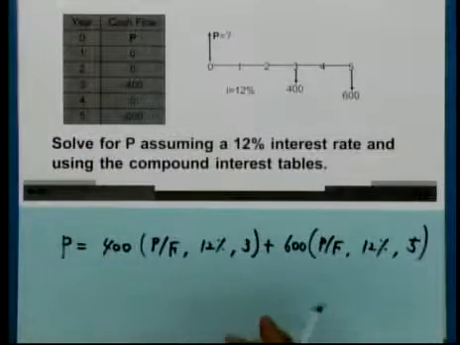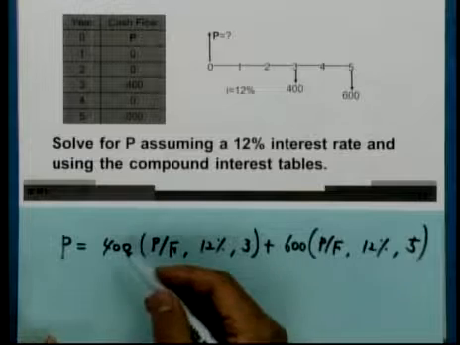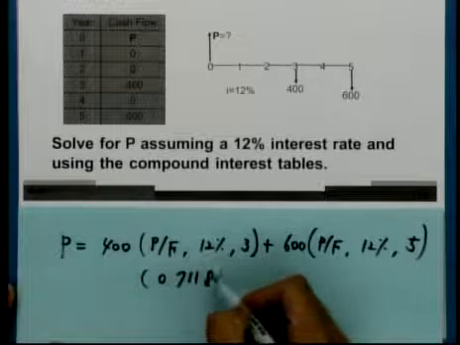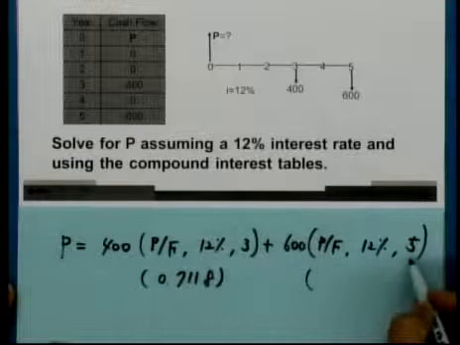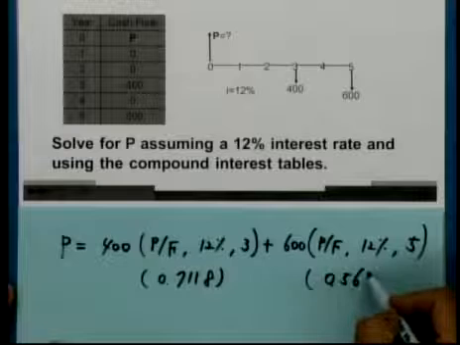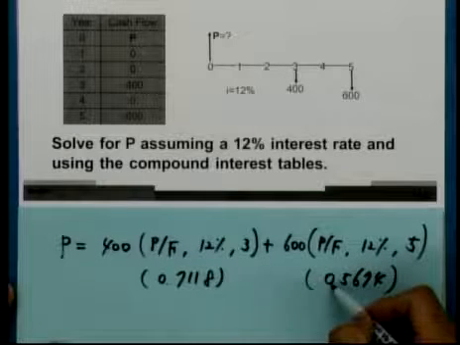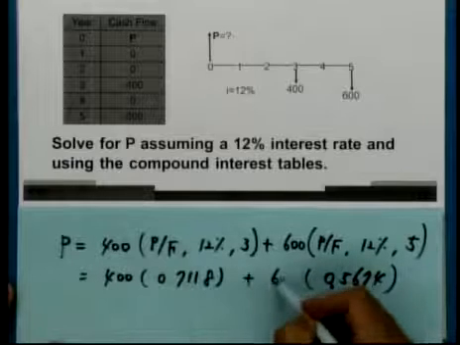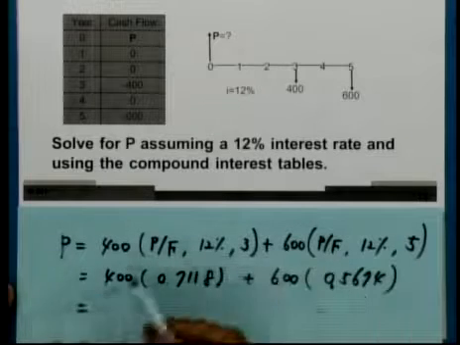Over period 3 would be 0.7118. Over period 5 would be 0.5674. Okay.